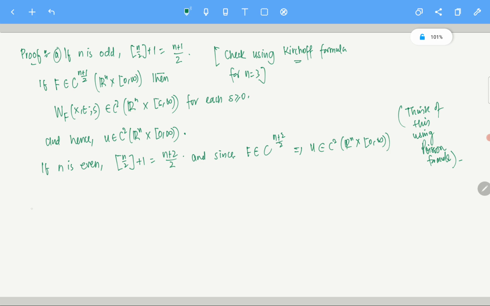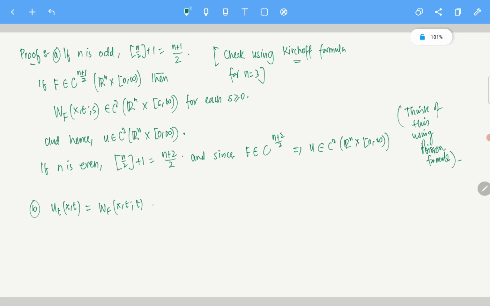A. Now, what about B? B is not a very difficult thing to check. You see, u_t of x,t, if you take, that is essentially w_f of x,t,t at s equals t, plus the integral from 0 to t of w_f with respect to t at x,t,s ds, right?